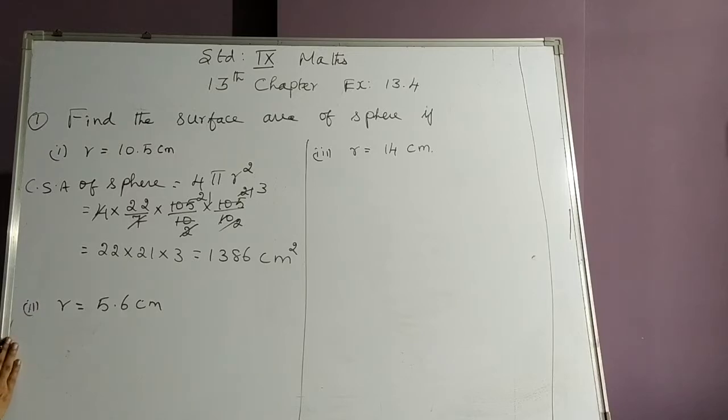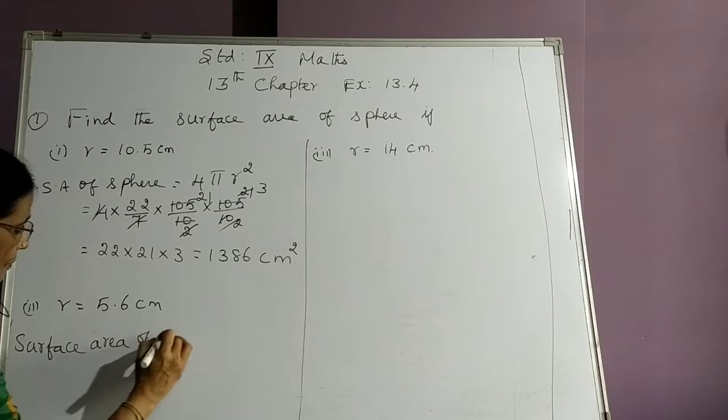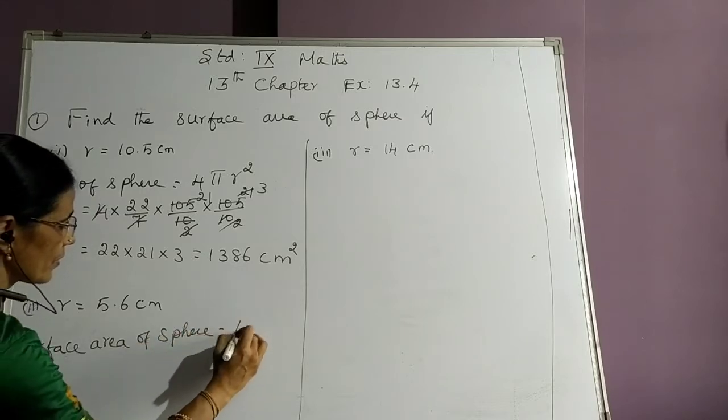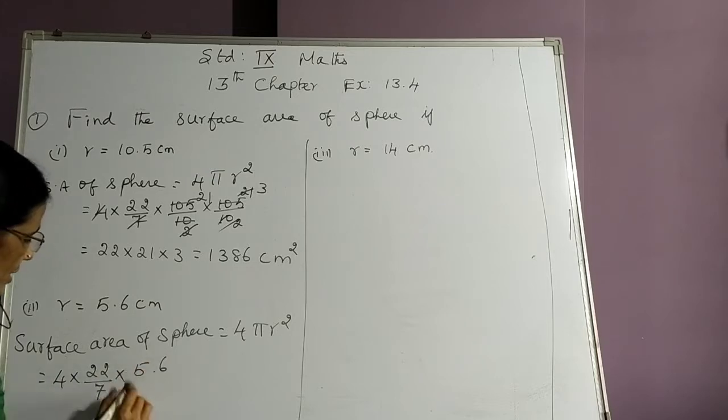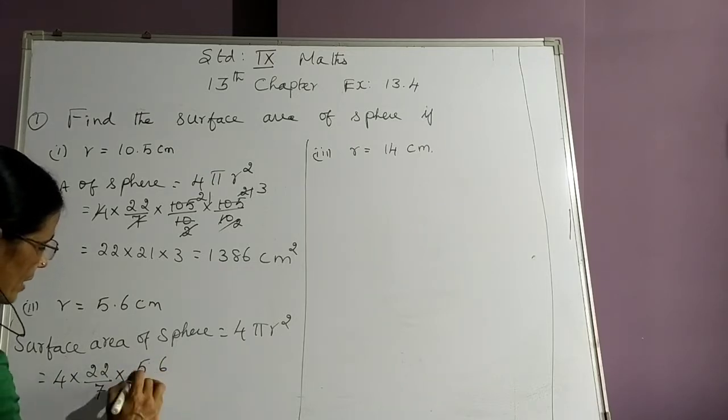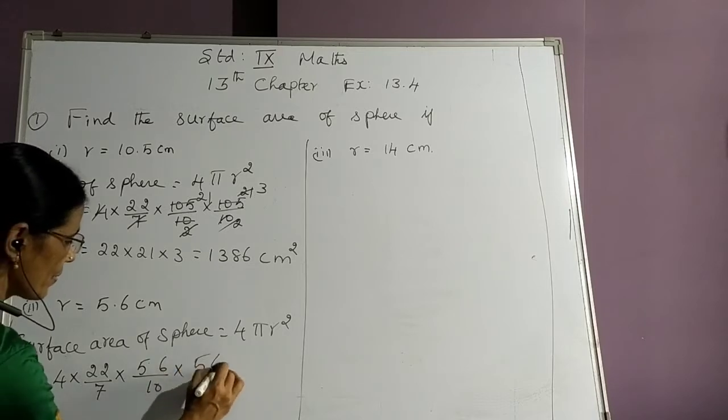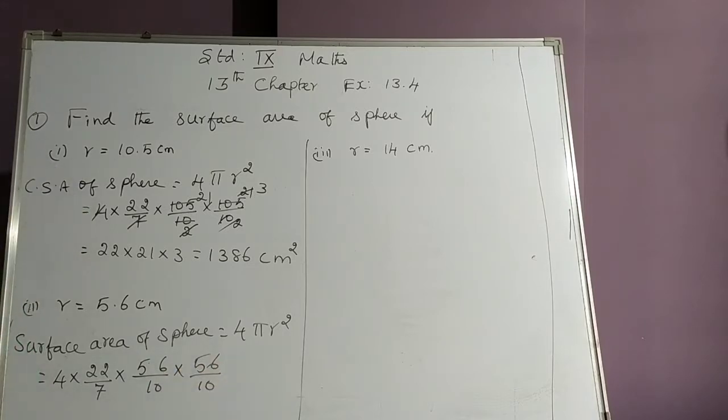We come to the second subdivision, r is equal to 5.6 centimeter. The formula says surface area of sphere is 4 pi r square. Substituting the value of pi, which is 22 upon 7, into 5.6. This 5.6, let us write it as 56 upon 10 into 56 upon 10. Here this cancels with 8 times.